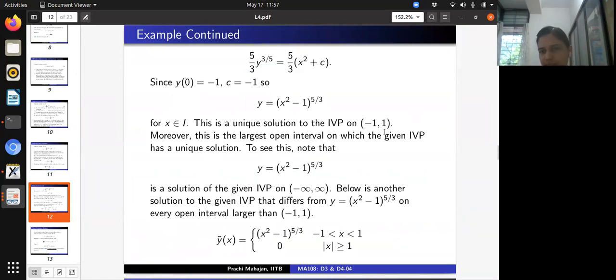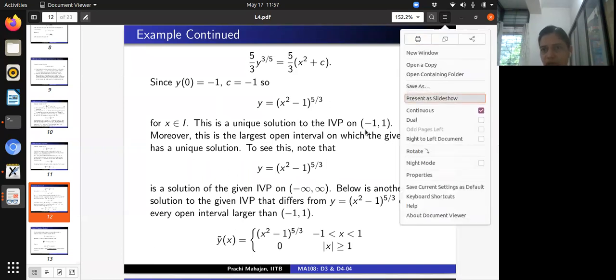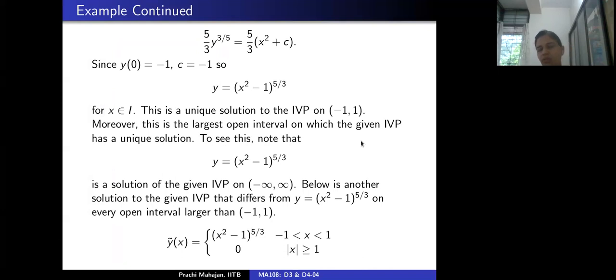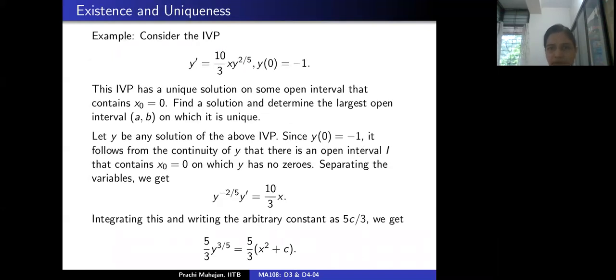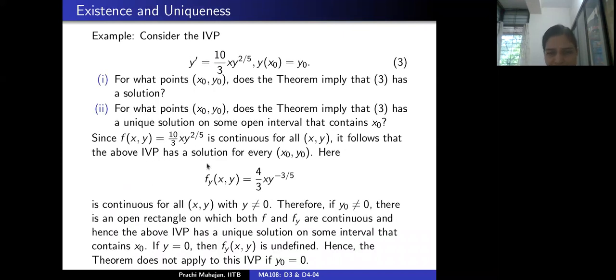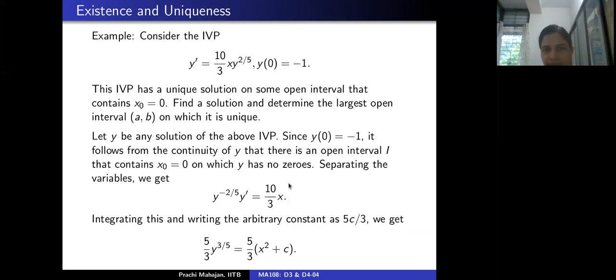You cannot repeat this argument that we just discussed beyond the interval -1 to 1, because the partial derivative of f with respect to y fails to be continuous if y takes the value 0, and that's precisely what happens at the points x equal to ±1.